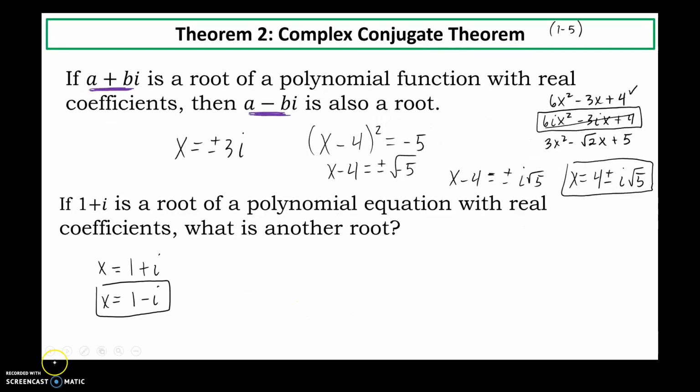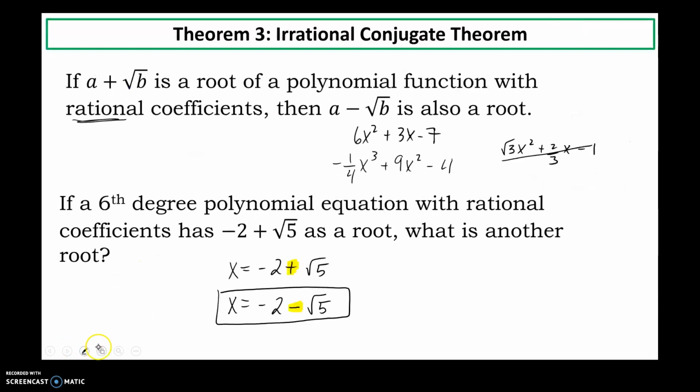Just like on the previous one, a complex conjugate, I just changed the sign in front of the imaginary part. We don't change anything except the operation between the rational part and the imaginary or irrational part of the root. We'll look at equations on how these are going to be useful, but just be comfortable with determining the pairs.